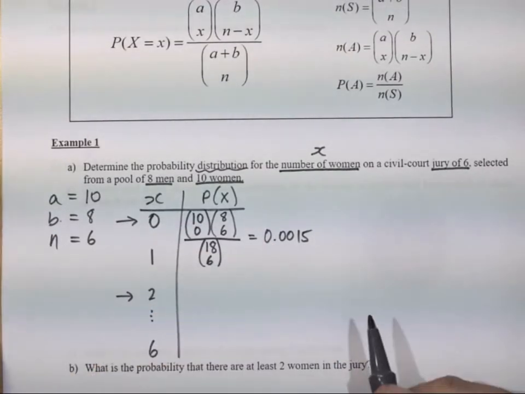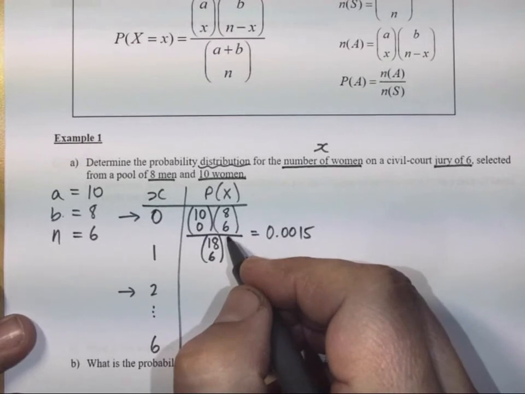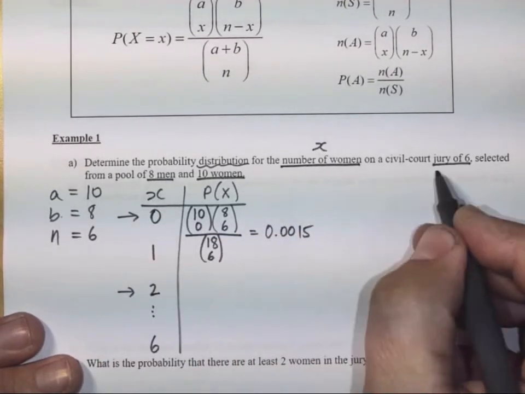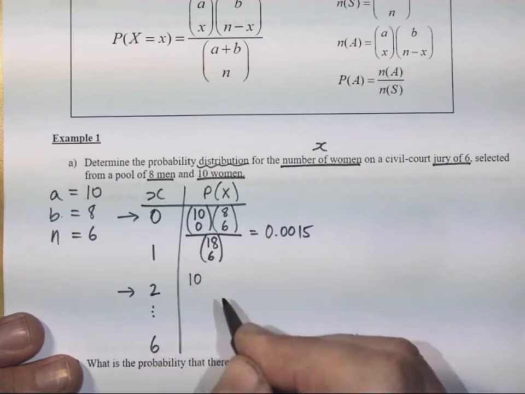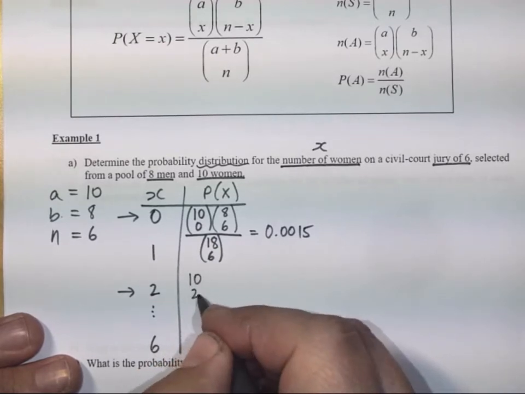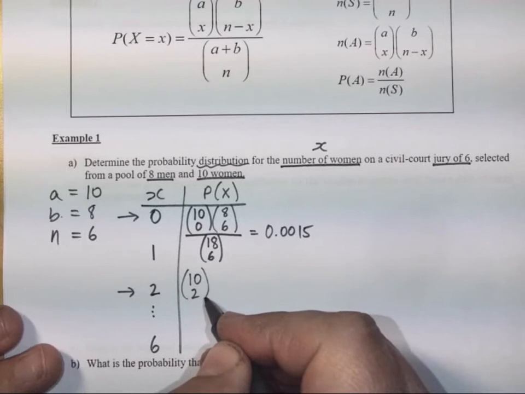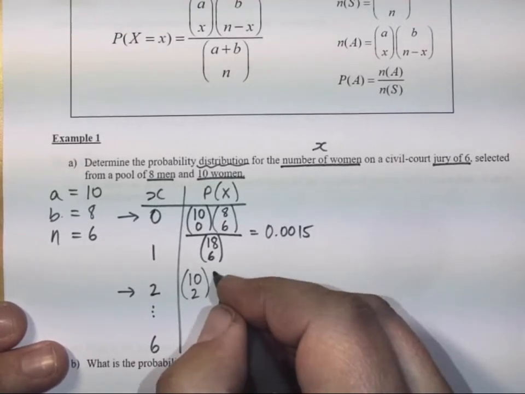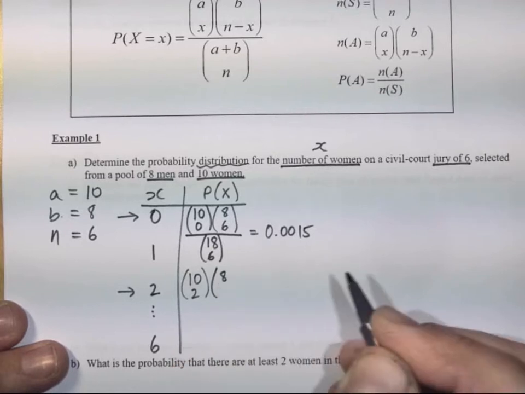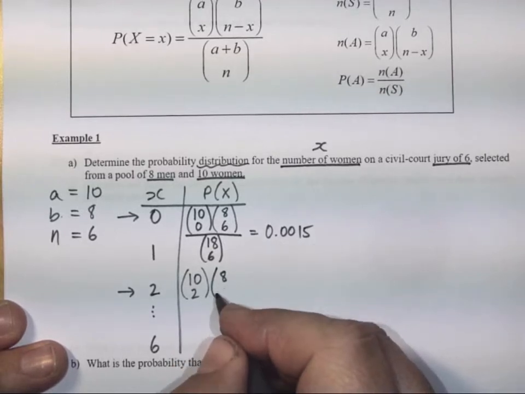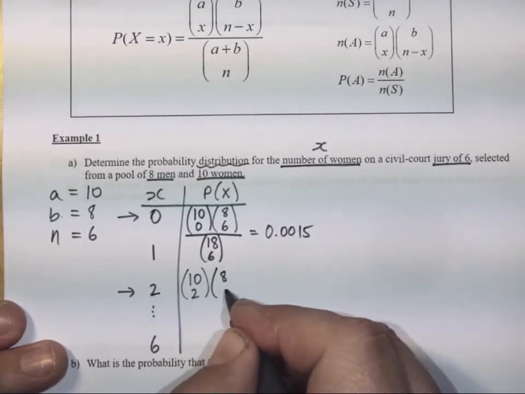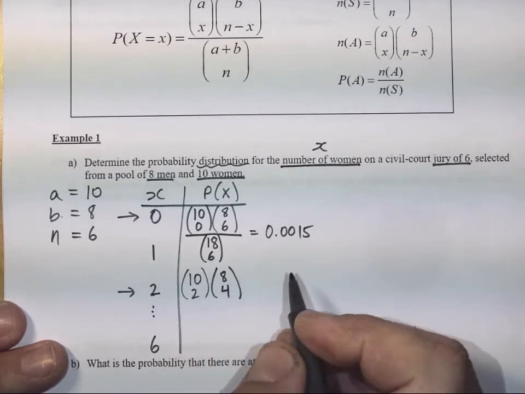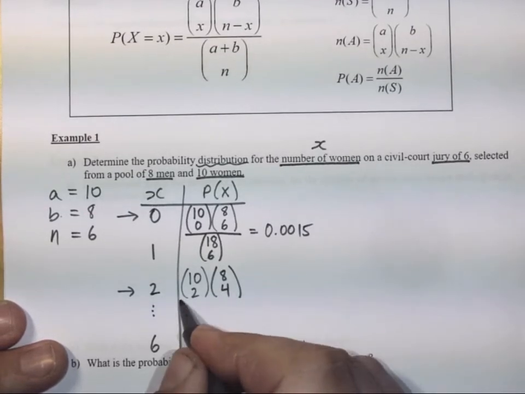Let's set up 2, thinking about that same formula. If 2 women ended up on this jury of 6, that means out of the successful group of women, 10, we chose 2 of them. Order doesn't matter. We chose 2, not permuted 2. That's important. And out of the unsuccessful group of men, if there are 2 women on the jury, there must be 4 men on the jury, because 2 plus 4 adds up to 6, right?